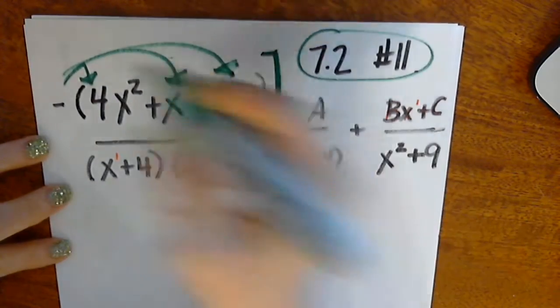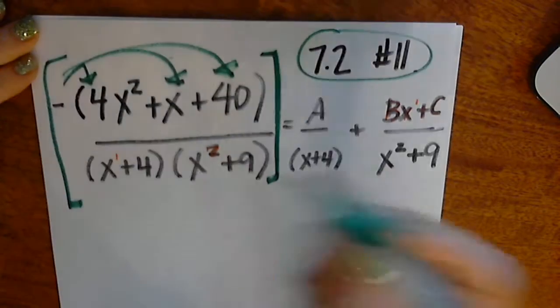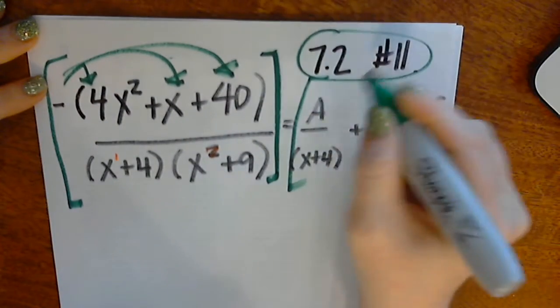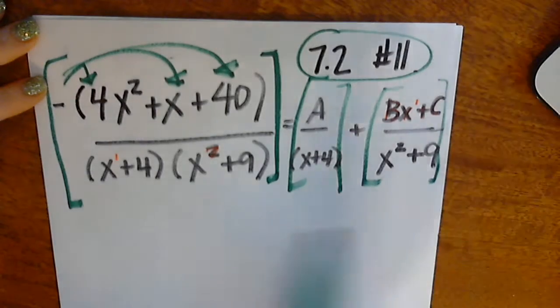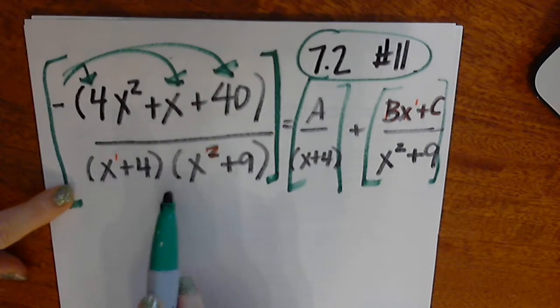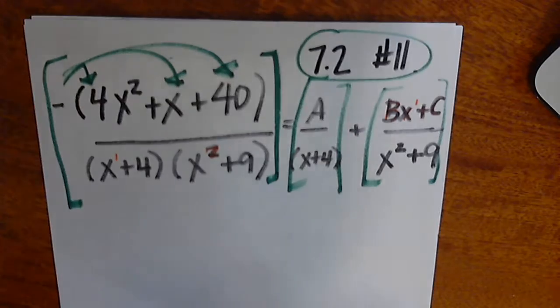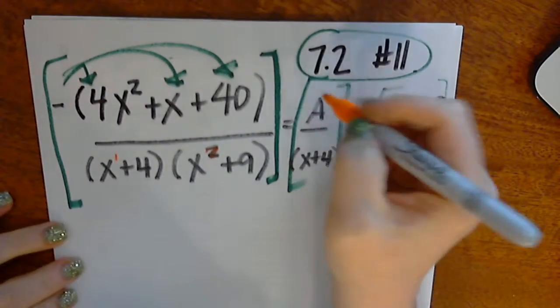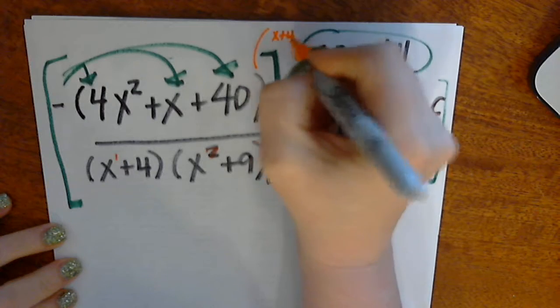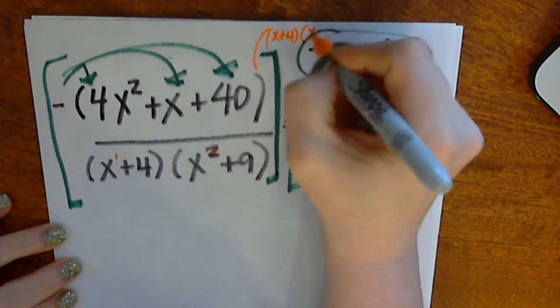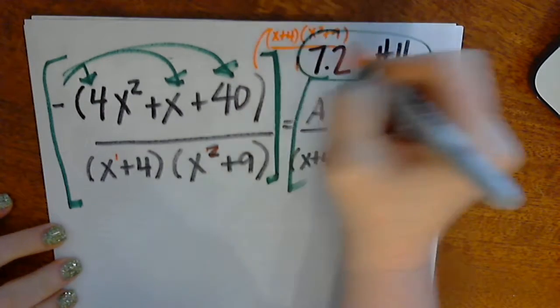Also, we want to multiply all three terms by the denominator, x plus 4 times x squared plus 9 over 1.